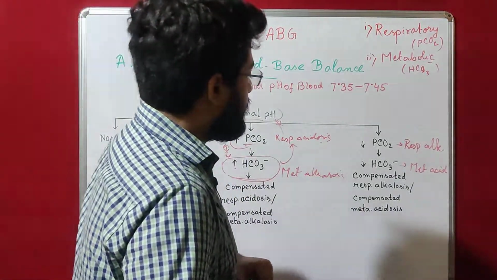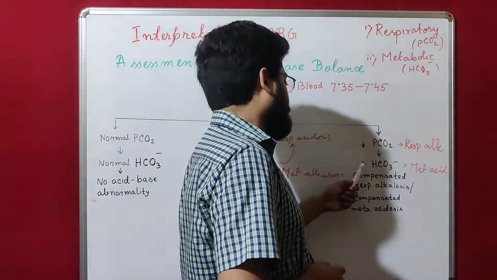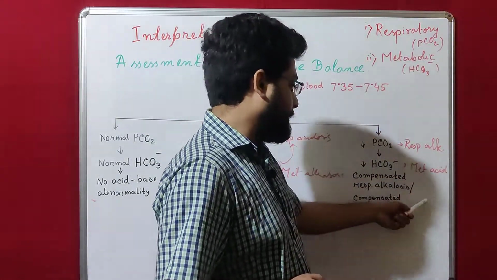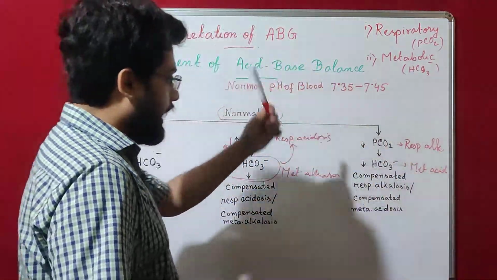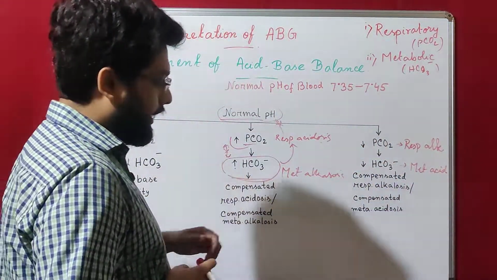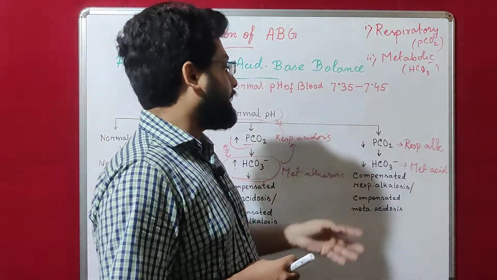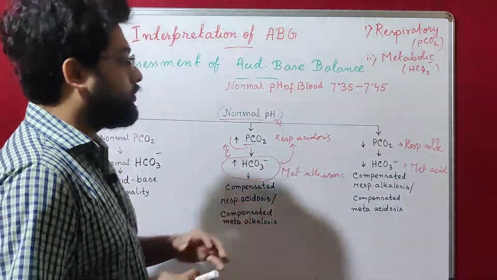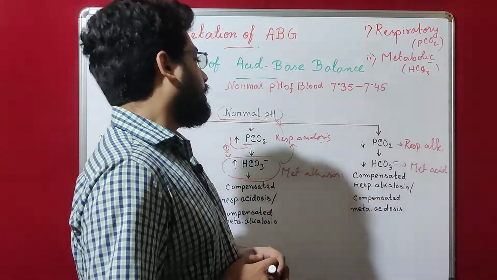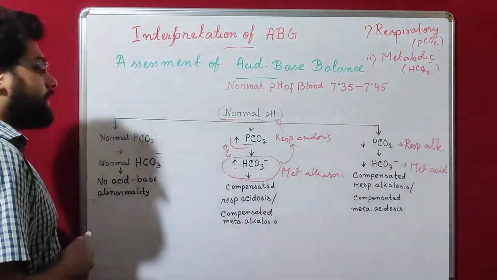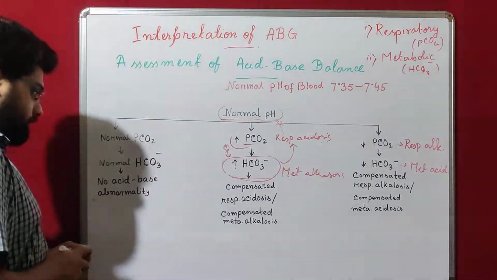So again we will call it either compensated respiratory alkalosis or compensated metabolic acidosis. And again we have to relate it clinically to diagnose which one is the primary insult and which one is the compensatory mechanism.